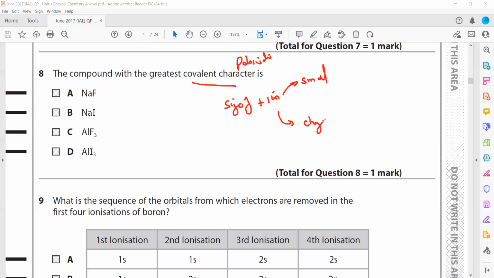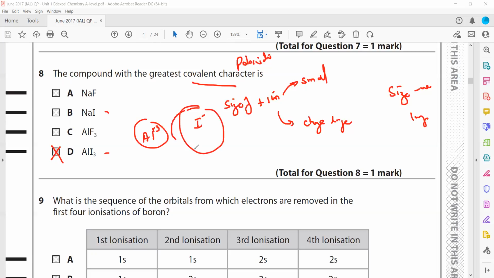The charge on the positive ion should be large. And the size of the negative ion should be large. A negative ion which is larger is iodine. So either B or D can be answered. But because aluminium is smaller in size and has a greater charge of +3, it will cause more distortion to the iodide ion. As a result of greater distortion, it will have a greater covalent character.